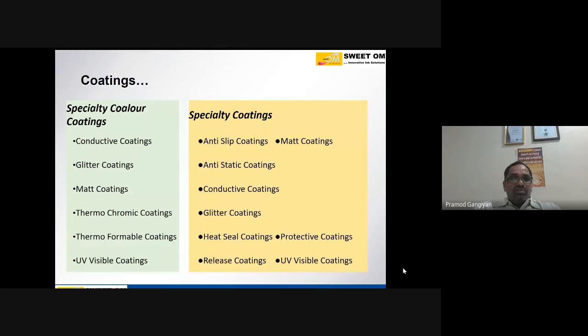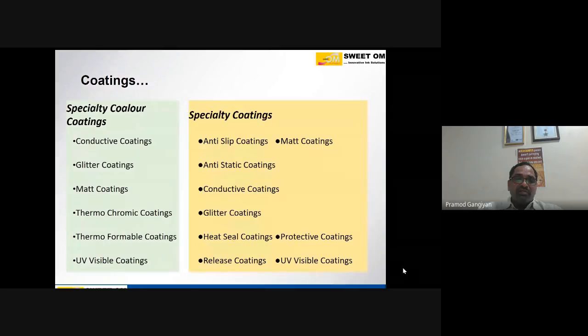Now there is another dimension, which we call glitter coatings. When you apply these glitter coatings on a surface, we get a sparkling effect. Presently, if you look at some of the cars available, we have pearl silver, pearl metallic gold, like those things. Pearl is a phenomenon which is a very fine glitter.